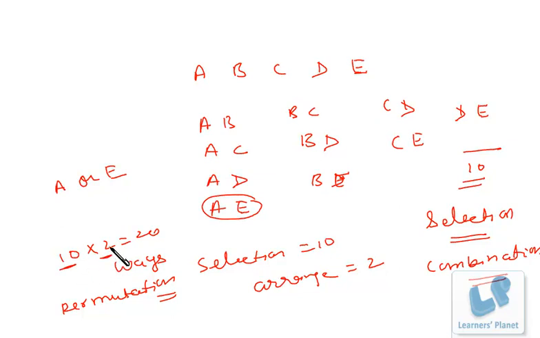Selection as well as arrangement is permutation, right? So this is the difference between permutation and combination. Combination is done first, that is to select only, then permutation is to select and to arrange, right? I'm sure you are clear about the difference between permutation and combination. Now let's derive the formula for the same, right?